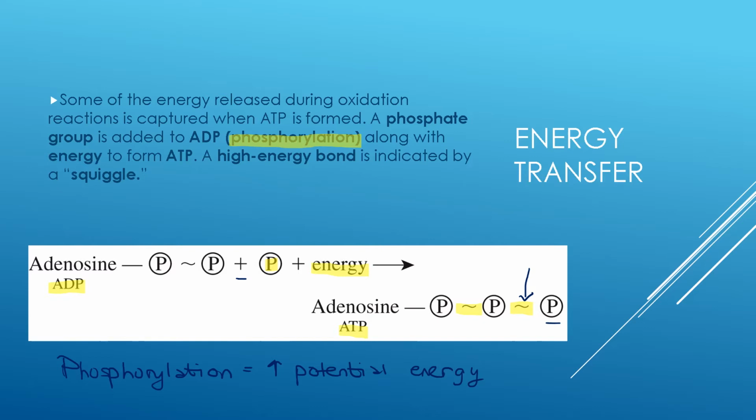So whenever we phosphorylate a molecule, it increases the amount of energy that can be released from that molecule as well.